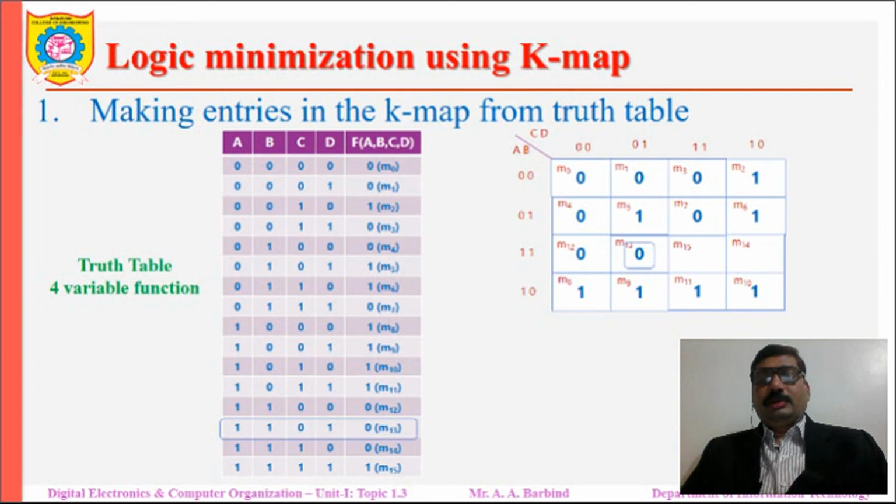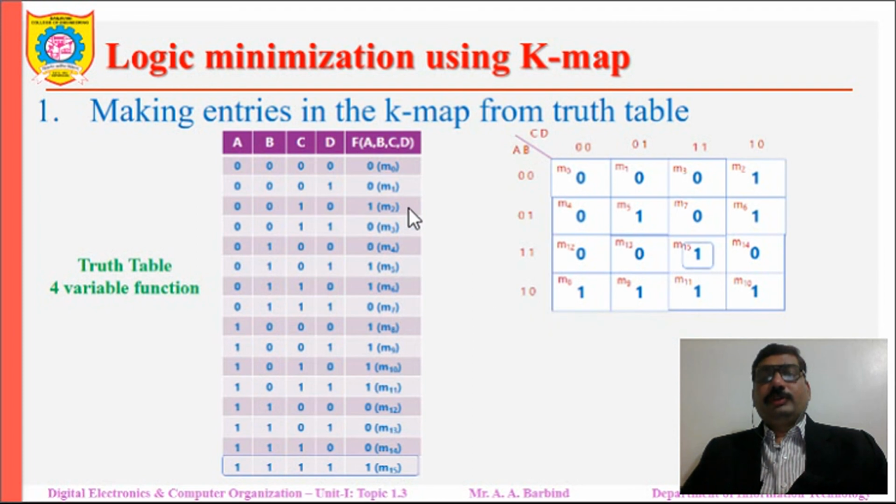Then the next row, for which the input is 1, 1, 0, 1, has the corresponding cell here. This 0 goes here, and this cell corresponds to the row 1, 1, 1, 0, and the last row is 1, 1, 1, 1, and this is the cell where that particular entry will go.